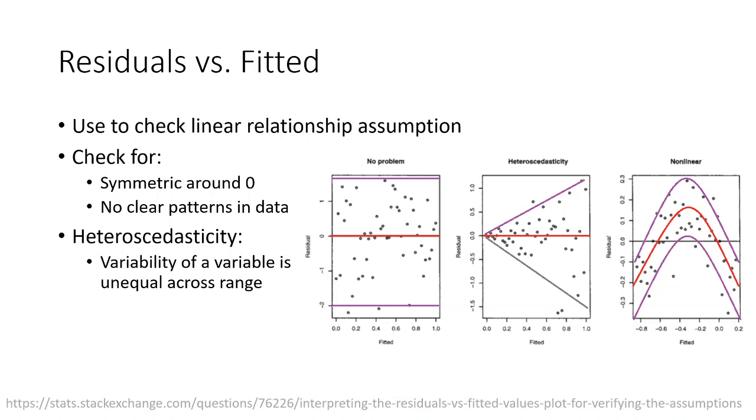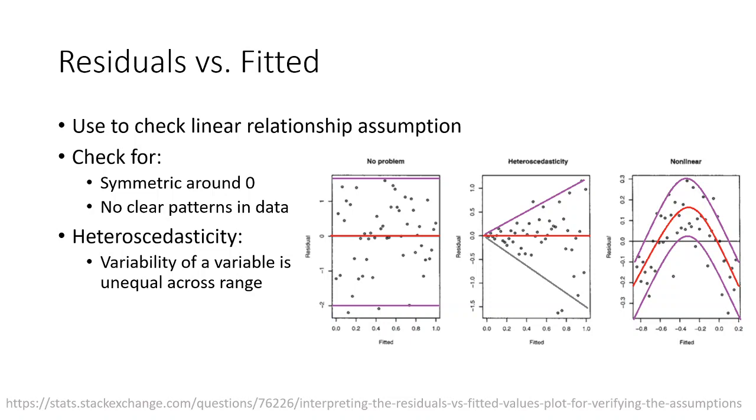And three, you've got this parabola going on, which suggests that you have nonlinear data. You want to check for your data being mostly symmetric around 0, or wherever the middle of your data set is. You want to make sure there are no patterns in your data. Again, if you've got this increasing spread over time, or this curved nonlinear spread, that's a suggestion that your data may not be linear.